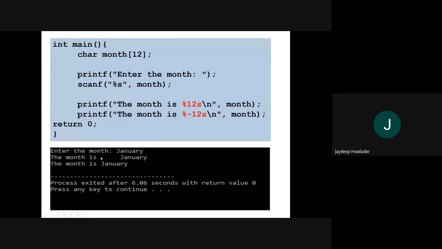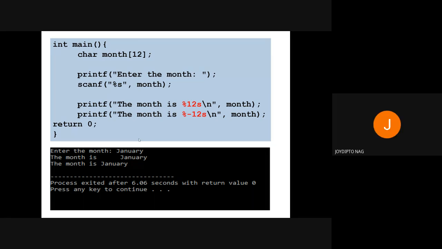So I have specified 12 positions, starting from this up to that point. %12s means I am printing the string right aligned. %-12s means I am printing the string left aligned. In this way, I can display strings by reserving some number of positions on my display and moving the string to either the left or the right alignment. Understand? Get it?